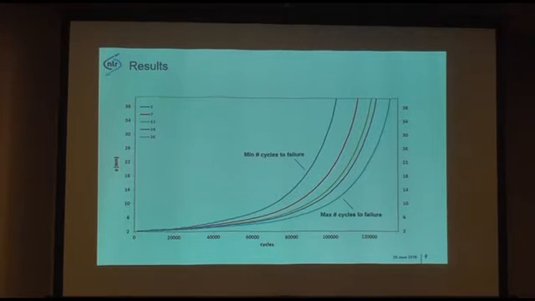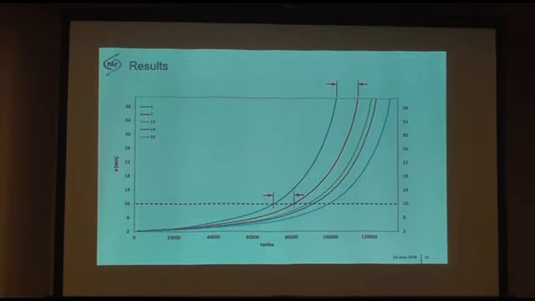I only plotted 5 here, but this is the one with the minimum number of cycles to failure and the maximum number of cycles to failure, and all the other curves are in between. What we noticed was that from about 10 millimeters on, all the curves are the same.